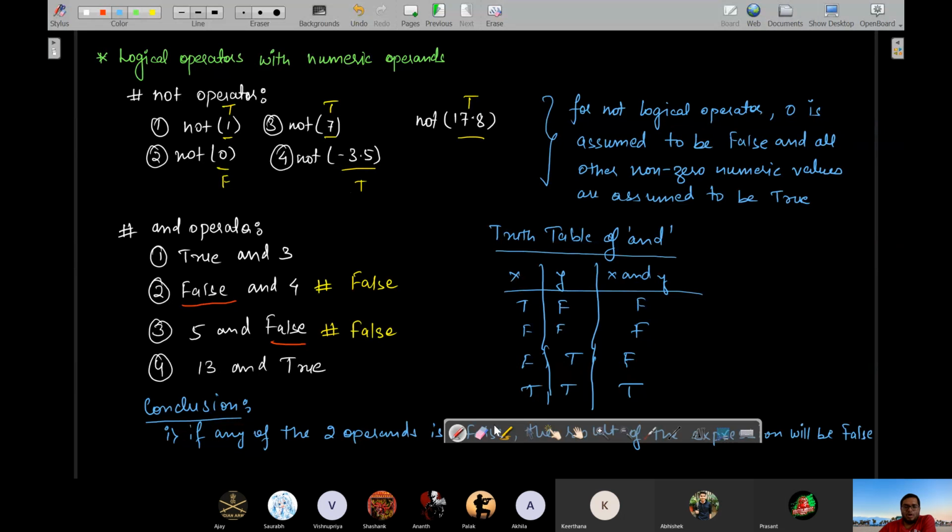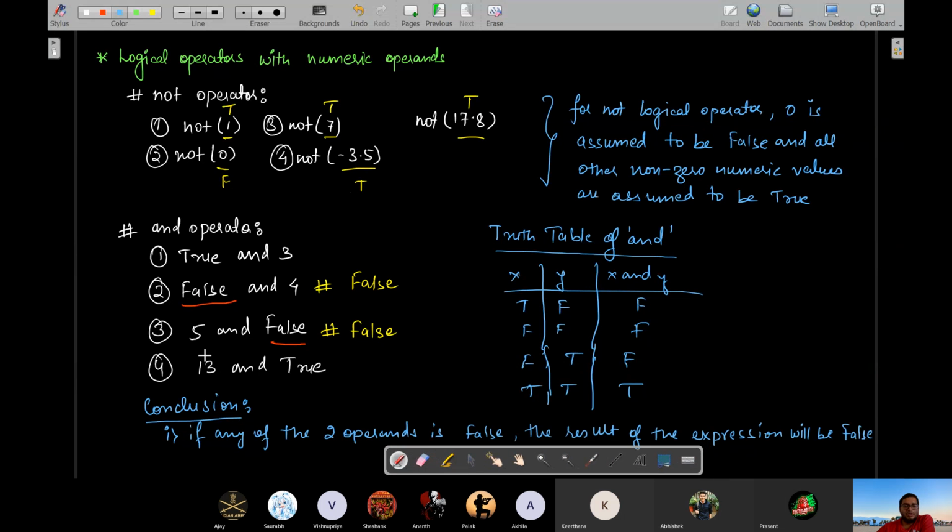Now, what about if the first one is true and the second one is a numeric value, or the first one is a numeric value and the second one is true?